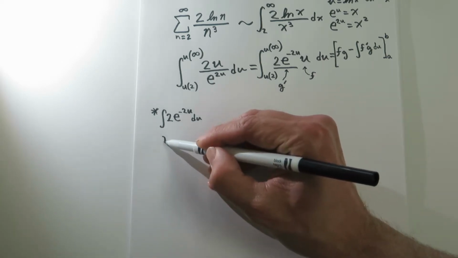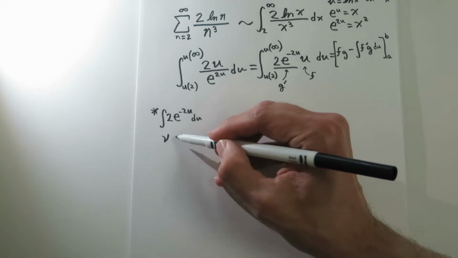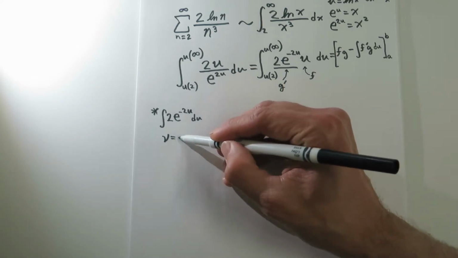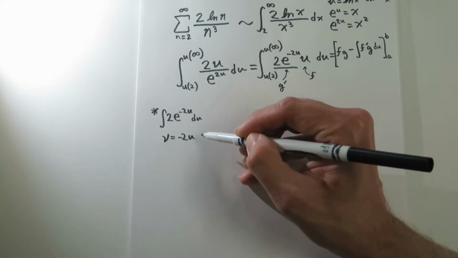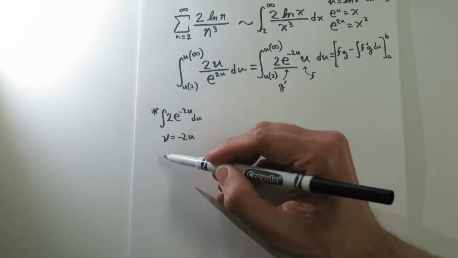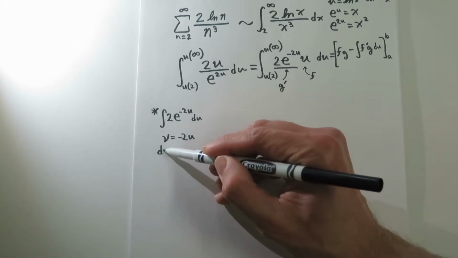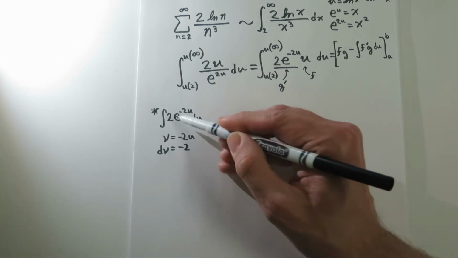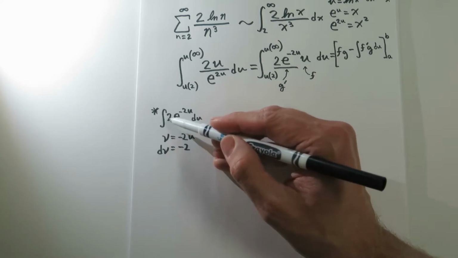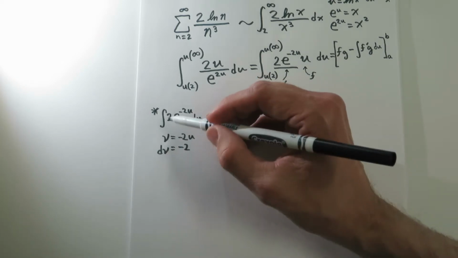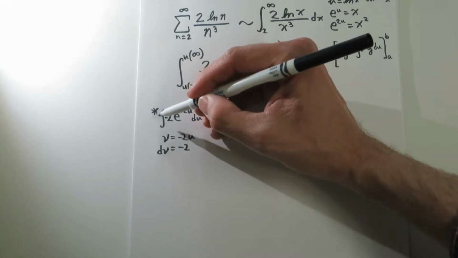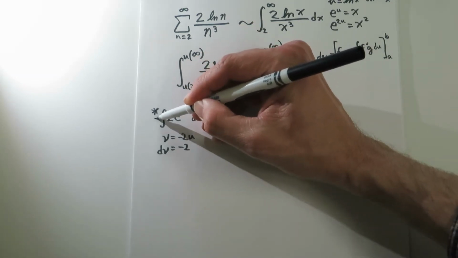So let's let v equal what's up in here in our exponent, negative 2u. And that means that dv is just going to equal negative 2 du. Well, we don't have a negative 2 right here, but we can manipulate this, where if we just make this a negative 2, then we can multiply this whole thing by negative 1.